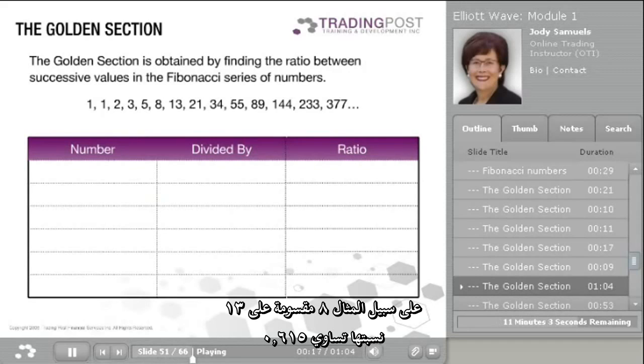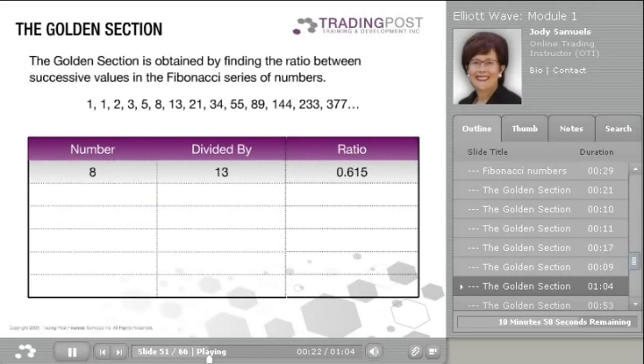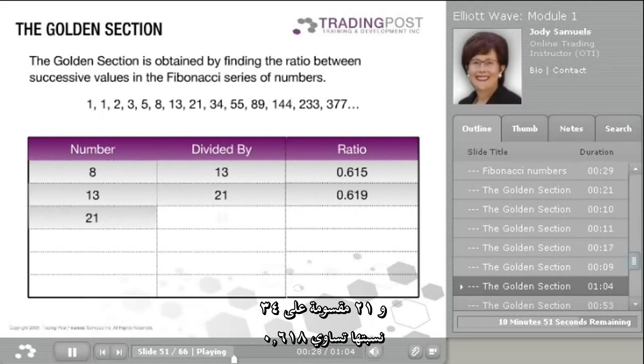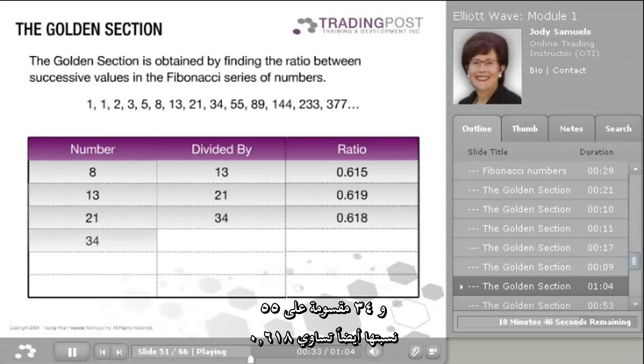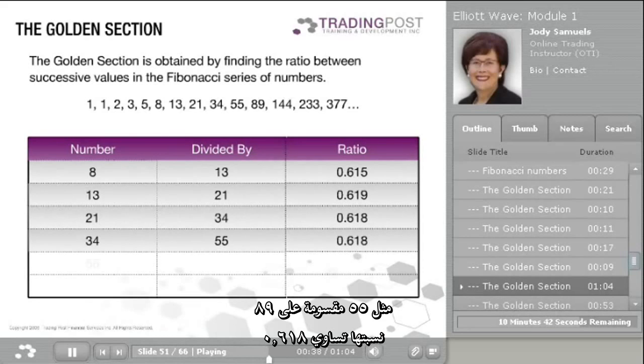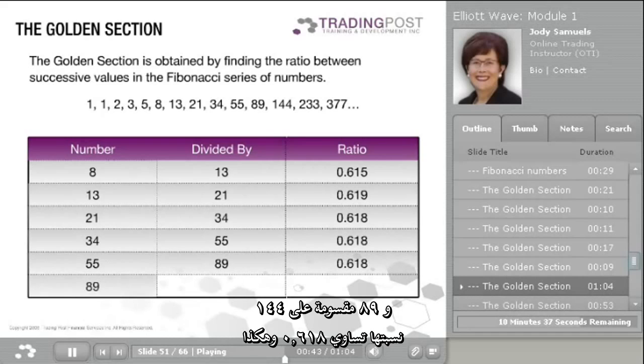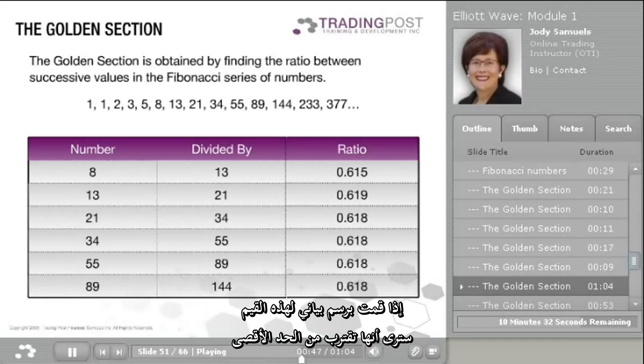For example, 8 divided by 13 equals 0.615. 13 divided by 21 equals 0.619. 21 divided by 34 equals 0.618. 34 divided by 55 also equals 0.618, as does 55 divided by 89 and 89 divided by 144, and so on. If you plot a graph of these values, you'll see that they seem to be approaching a limit.